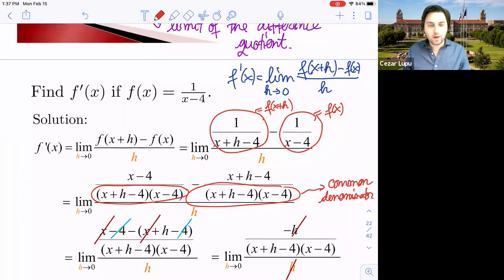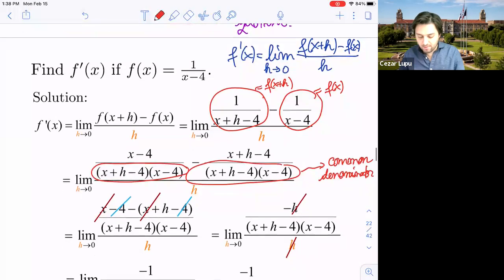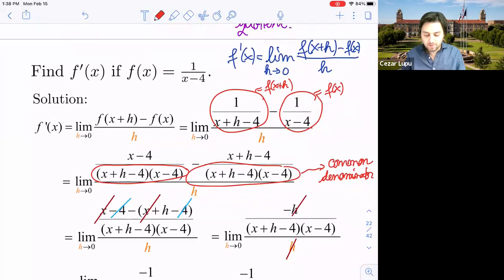So of course, when you have the common denominator, for the numerator we're just going to subtract those. So it will be x minus 4 minus x plus h minus 4, but the minus in front of the parentheses will change the sign. And as you can see there, we just canceled, and we will just have negative h.